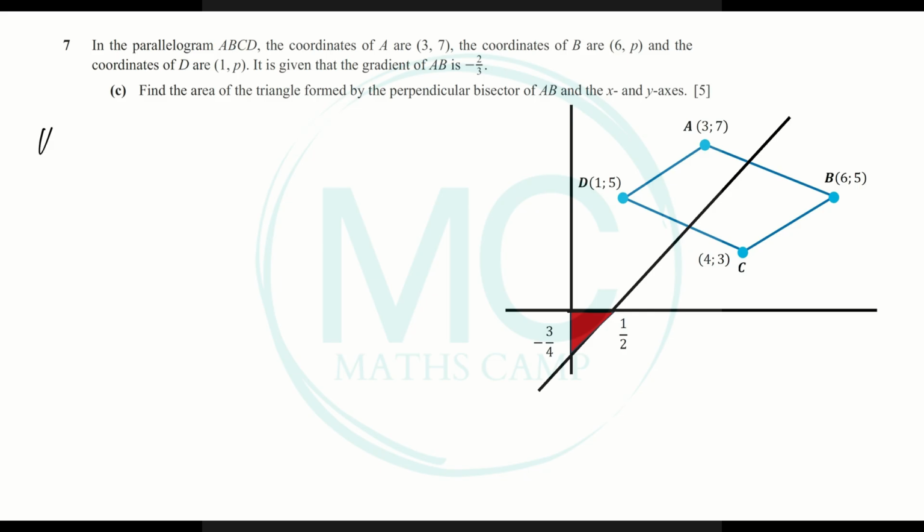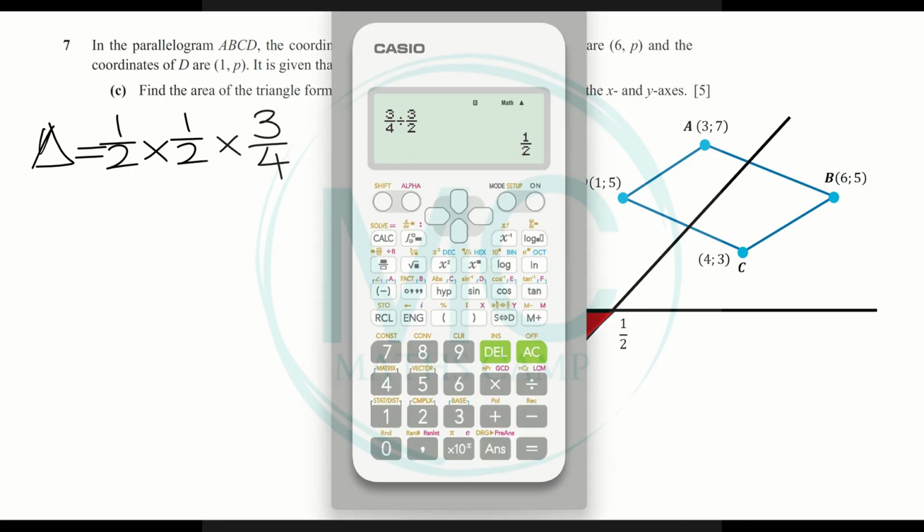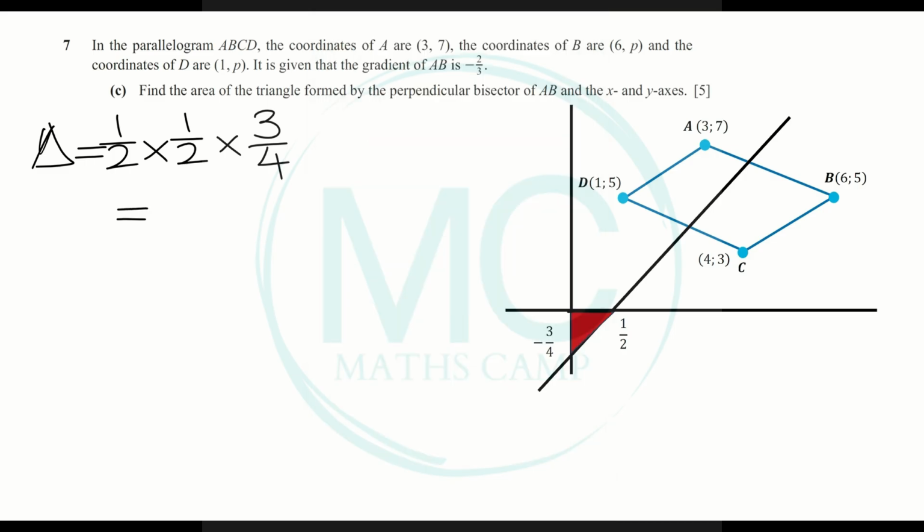So for the area of the triangle, I can say 1 over 2 multiplied by base, 1 over 2, multiplied by height, 3 over 4. Now I can take my calculator, say 1 over 2 multiplied by 1 over 2 multiplied by 3 over 4 is equal to 3 over 16. This is the area of the triangle.